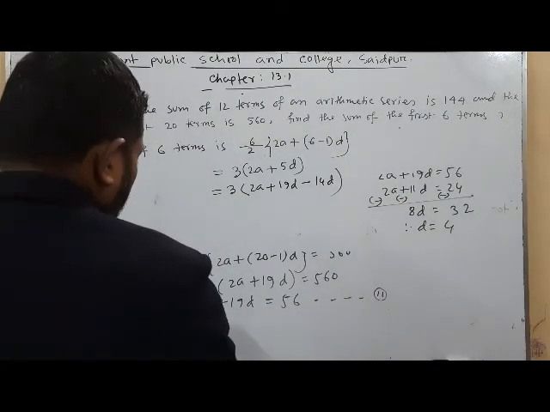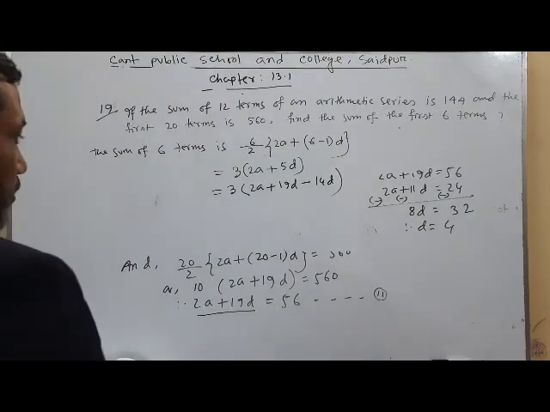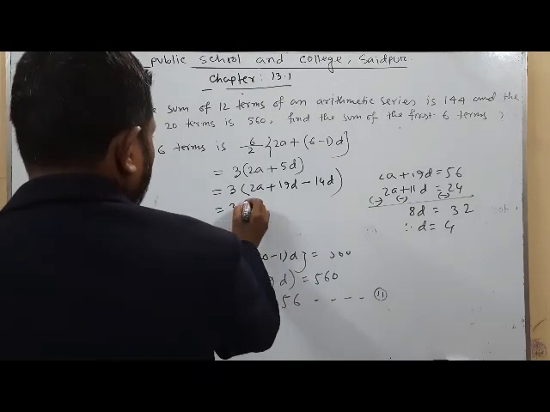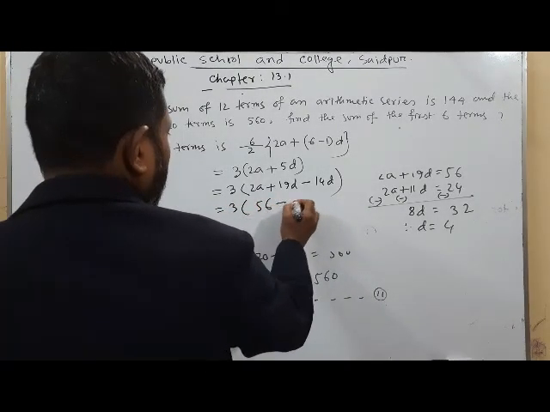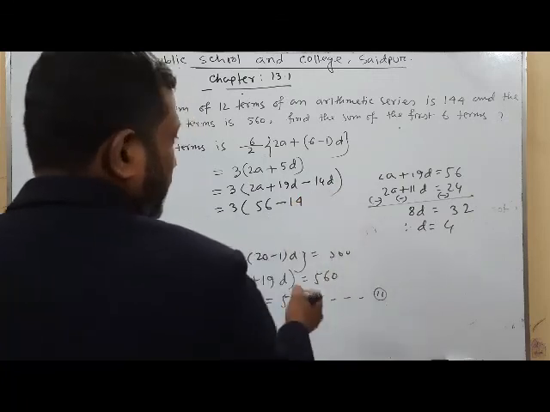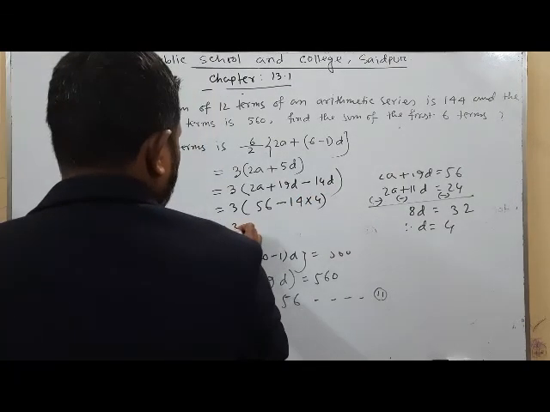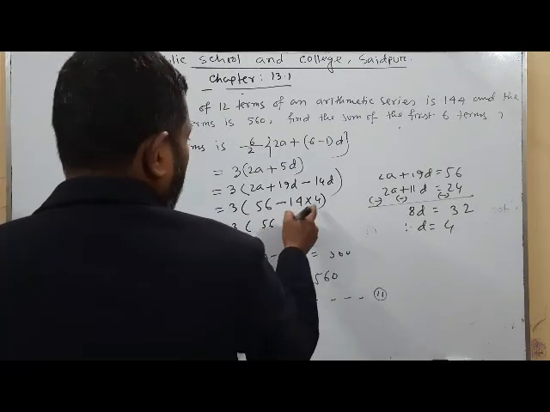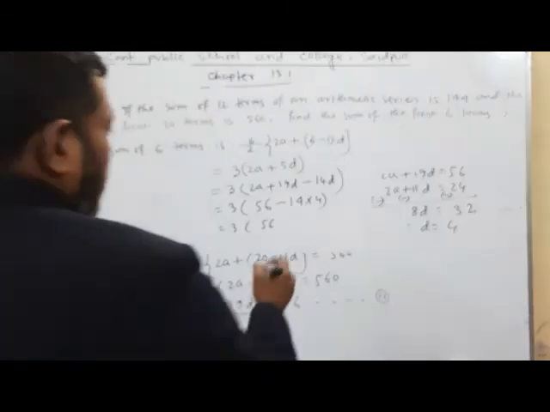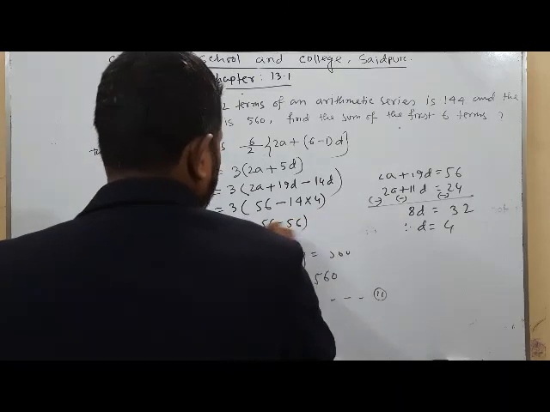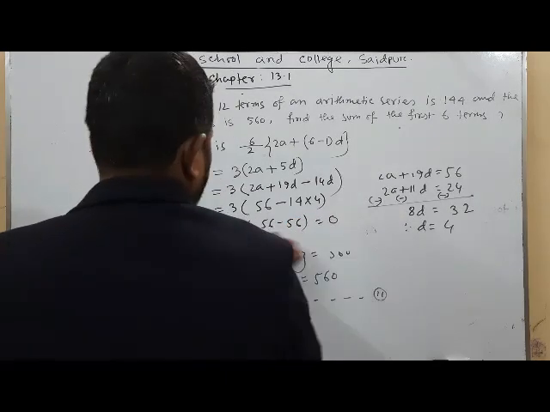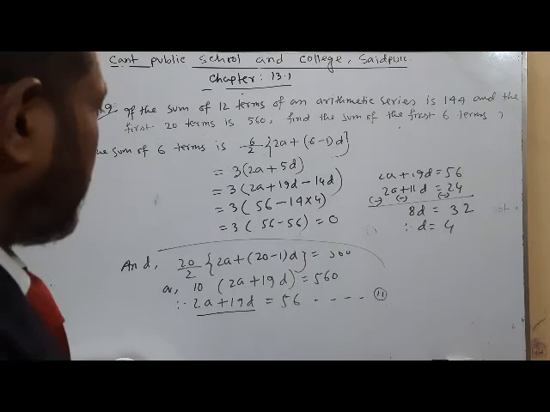We know 2A plus 19D is equal to 56, and 14D, the value of D being 4, 14 times 4 is 56. So the sum of 6 terms of this series will be 0.